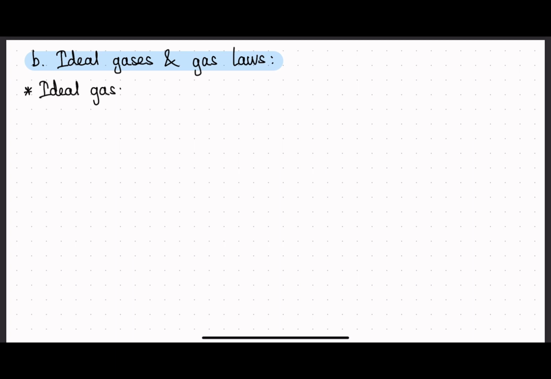Alright, so then the next subsection in this subtopic is about ideal gases and gas laws. An ideal gas is a theoretical gas, which means that this gas is not present in real life, assuming that the volume of the particles is negligible and no kinetic energy is lost in the collisions between particles.